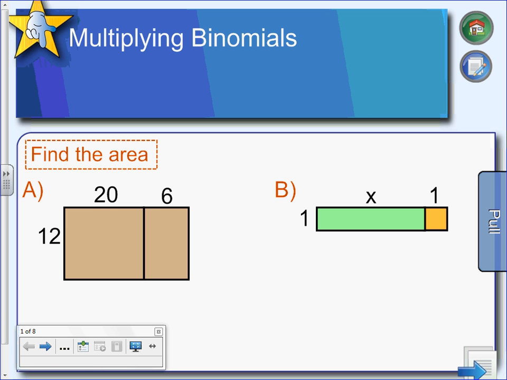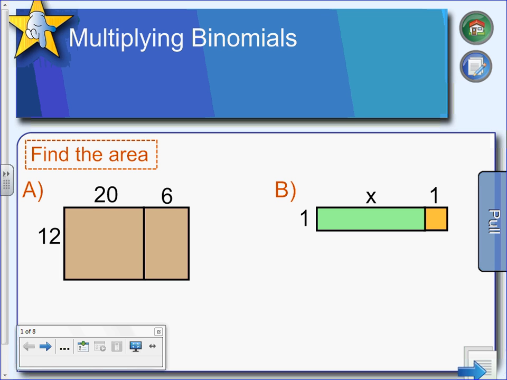What your teachers may have shown you is that when we have two rectangles put together, both of them have a width of 12, okay? And one has a length of 20, the other has a length of 6.